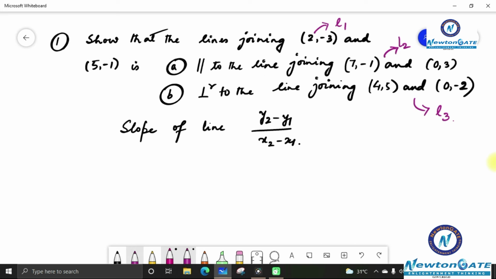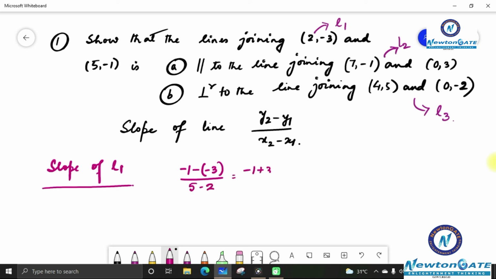First and foremost, let's find the slope of line 1. So here y2 minus y1, I am considering this to be my x2, y2. So minus 1 minus of minus 3 over 5 minus 2. So minus 3.